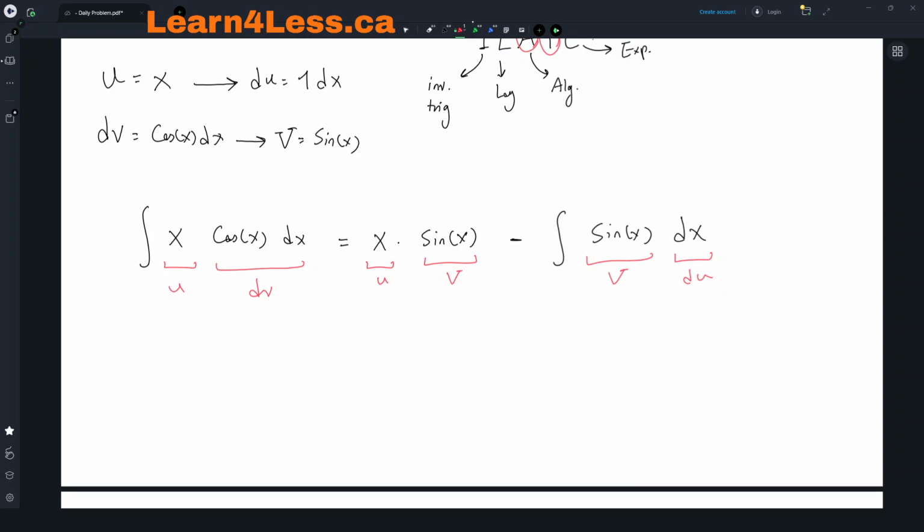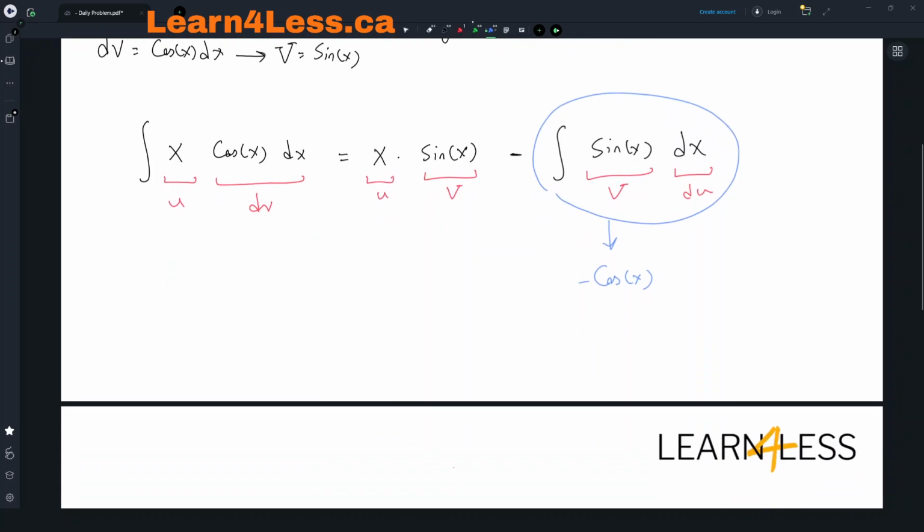Now we need to just take the last integral to answer the question. The integral of sine of x, we already know, is negative cos of x. So overall, the final answer is, let's write it here, the integral of x cosine of x dx is equal to x sine x minus this integral, which is negative cos of x.